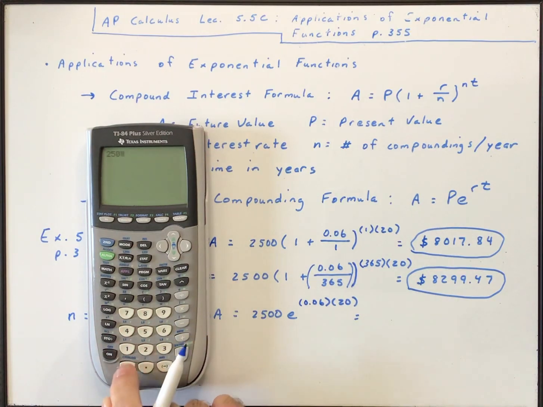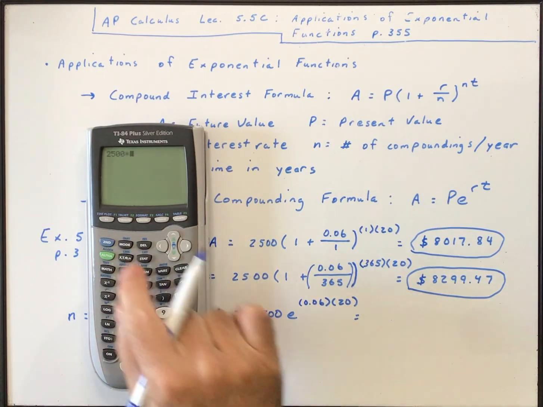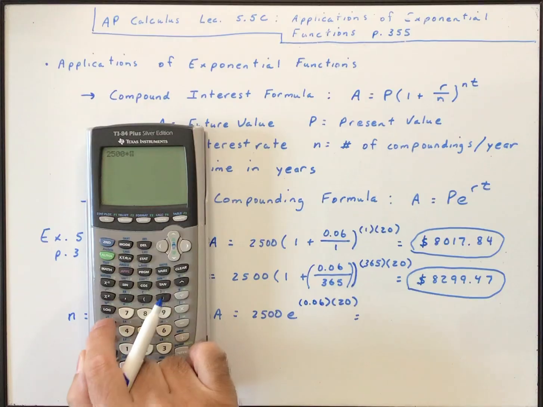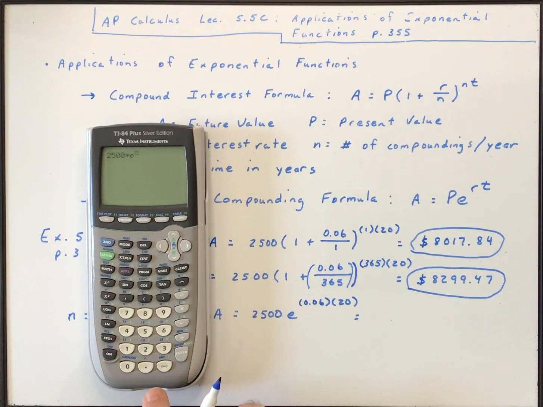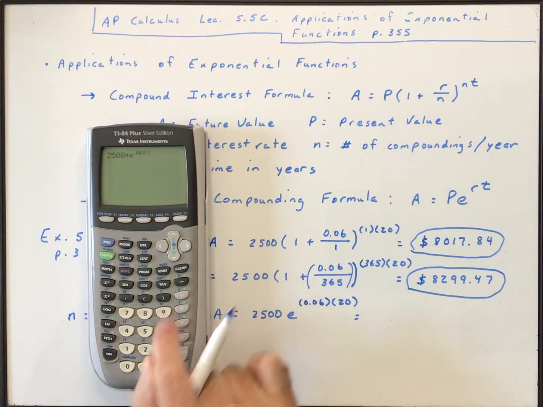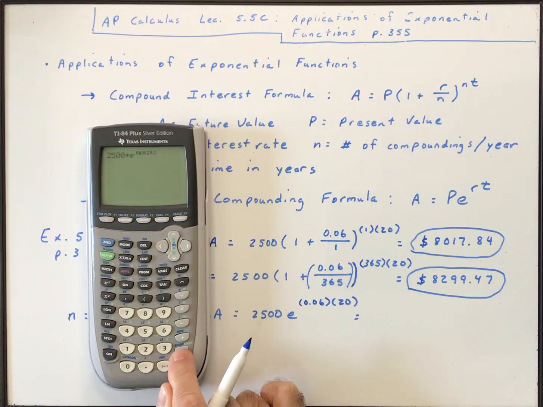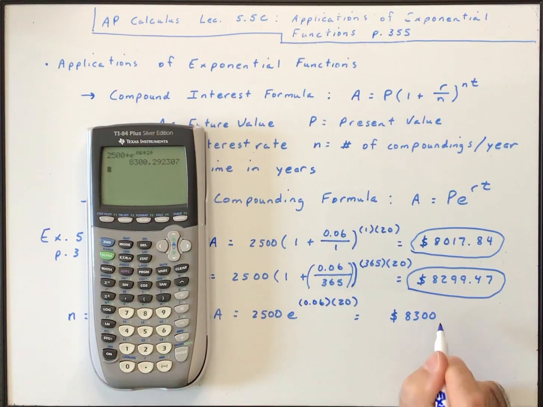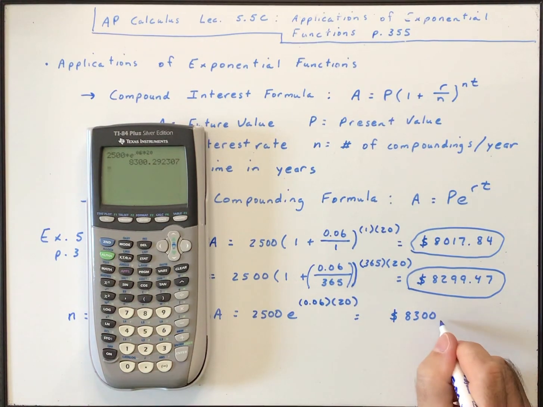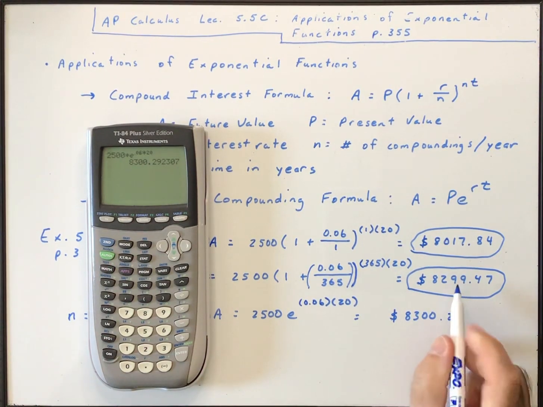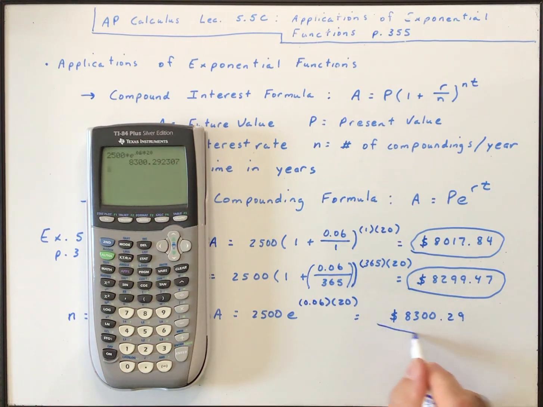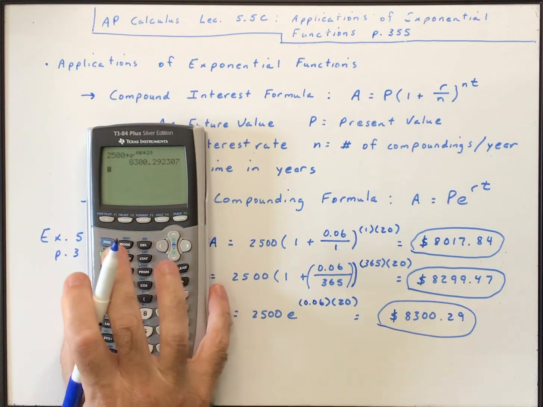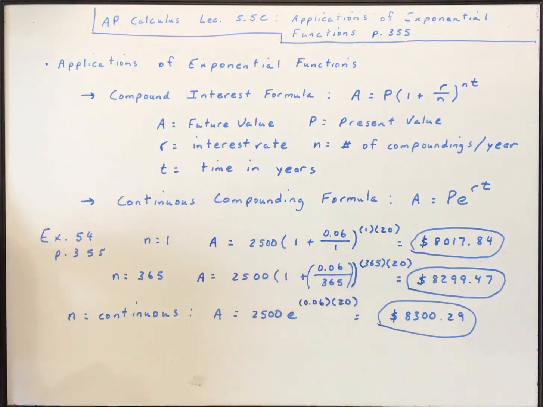So that's 2,500 times E, you hit the second function and then the natural log. You've got the E, 0.06 times 20. You'd have $8,300.29, so it's a little bit better than daily compounding. But continuous compounding is always going to be your best bet if you can get it.